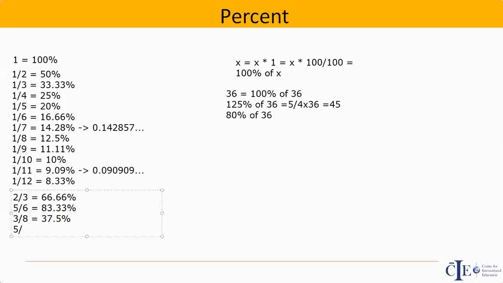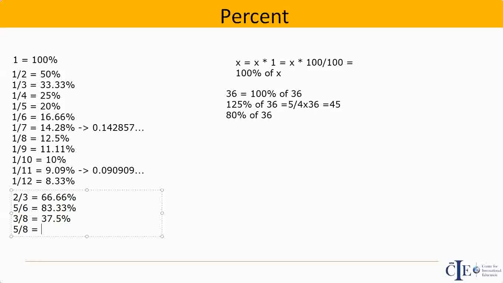Likewise, what will be the value of 5 by 8? 5 by 8 is 4 by 8 plus 1 by 8 again. So this is again 1 by 8 more than 4 by 8. 4 by 8 is 50%, and then another 1 by 8 more than that, correct? So that is 50% plus another 12.5%.